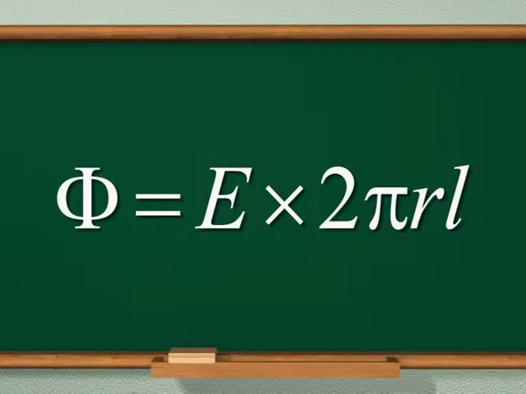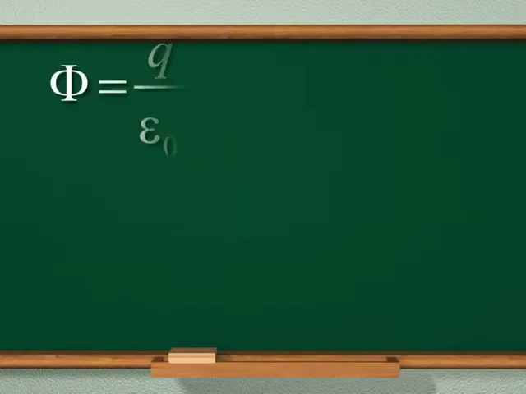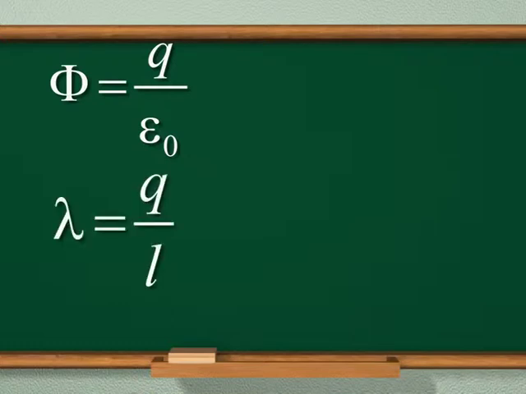According to Gauss theorem, capital phi is equal to q by epsilon naught. Since the linear charge density is lambda equal to q by L, which implies q is equal to lambda into L, where q is the charge enclosed by the Gaussian surface.